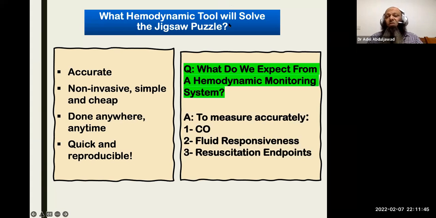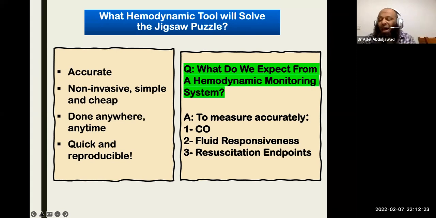According to this, what we expect from any hemodynamic monitoring system, irrespective of the name, irrespective of the brand, irrespective of the company that provides it, you need at least 3 essential parameters you are expecting from any hemodynamic monitoring system. What are these 3 essential parameters: the cardiac output, the fluid responsiveness, and resuscitation endpoints.